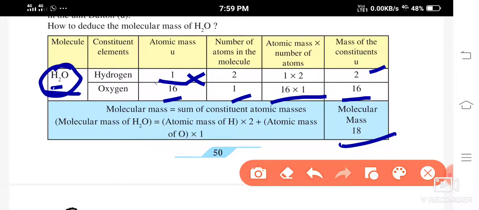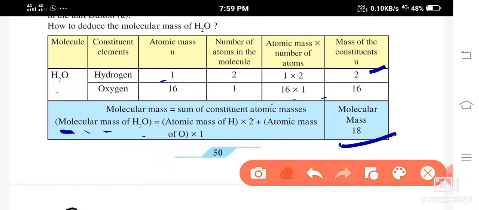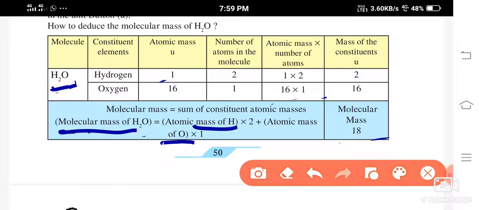So, the molecular mass of water is the atomic mass of hydrogen and the atomic mass of oxygen. Hydrogen is 2 atoms, and oxygen is 1. That is the atomic mass of hydrogen, 1, into how many atoms? 2 atoms of hydrogen.